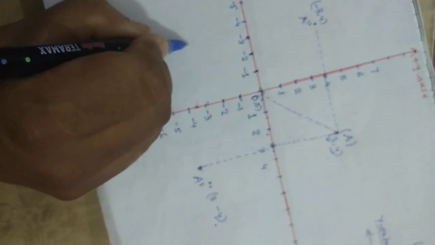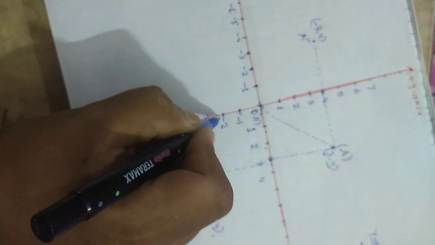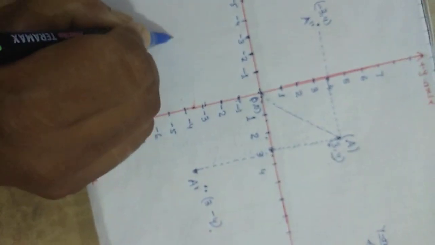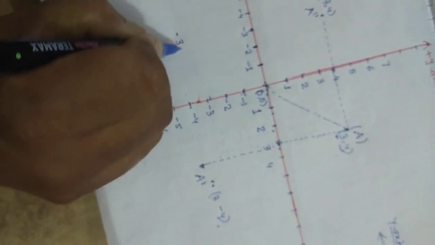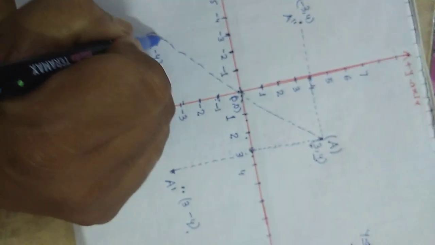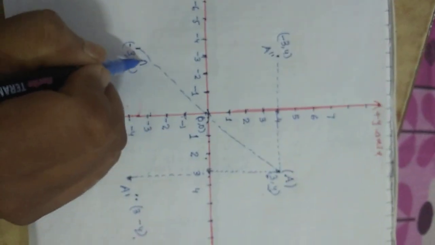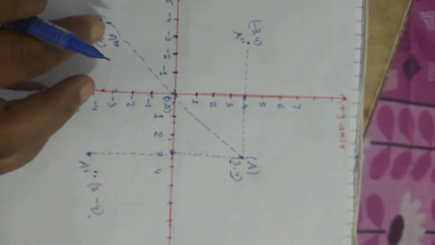This is -3 and 1, 2, 3, -4. This is (-3, -4). This will be your image A triple dash. So for A, 3 types of image are formed: through the x-axis, through the y-axis and through the origin.